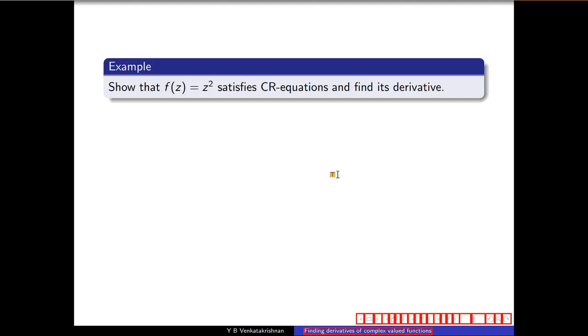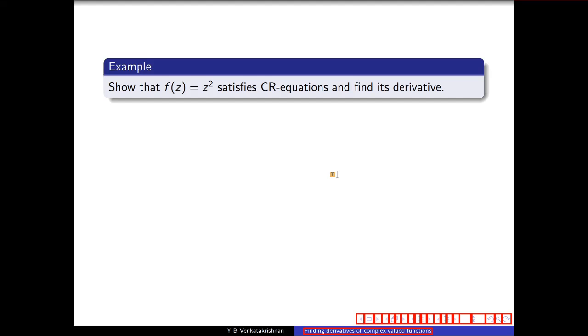As an example, I have taken a simpler function, f of z is equal to z squared. We have to show that it satisfies the CR equations, and at the same time find its derivative. Suppose I give you a real valued function f of x is equal to x squared, then the derivative will be 2x.